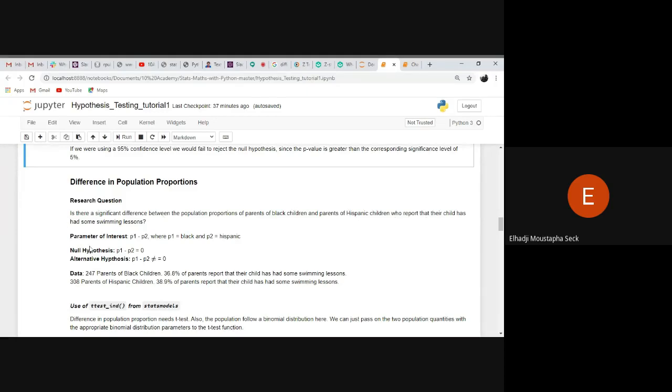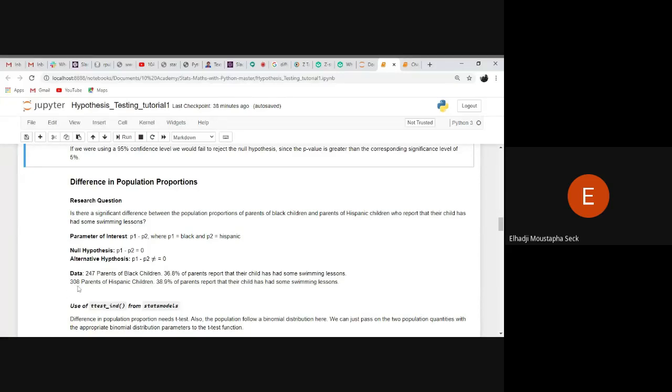So here our parameters of interest are the proportions. P1 is the proportion of the parents of Black children, and P2 is the proportion of the parents of Hispanic children. You can see the data here. We have 247 parents of Black children, and this is the proportion given.